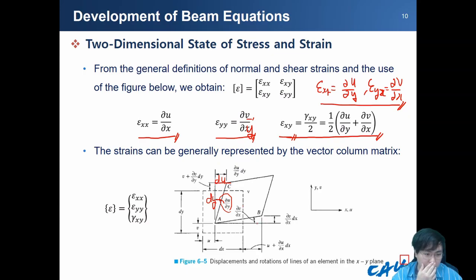Similarly for this part, this is the displacement dv and dx. The total strain is half of the summation of the two. However, exact strain occurs in only a single direction.